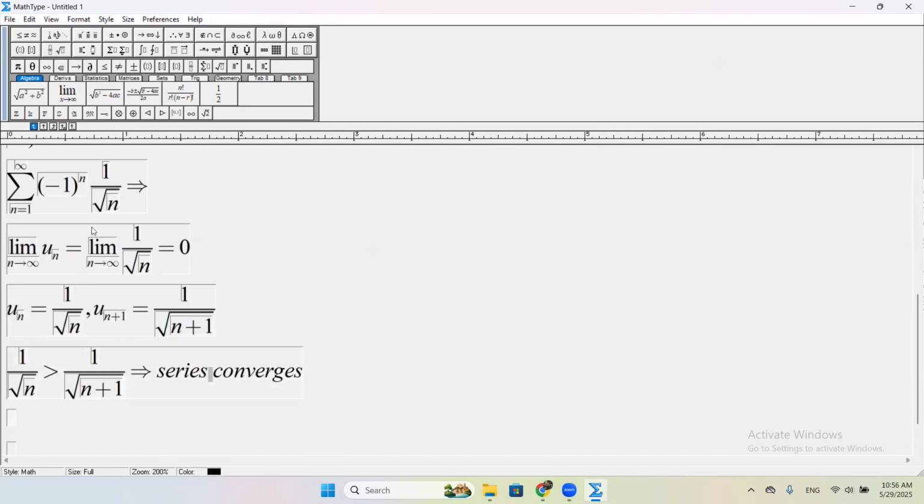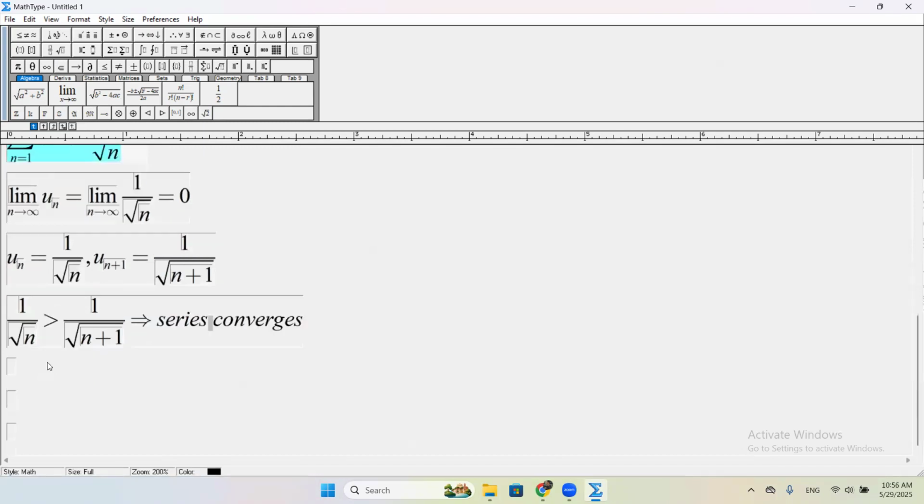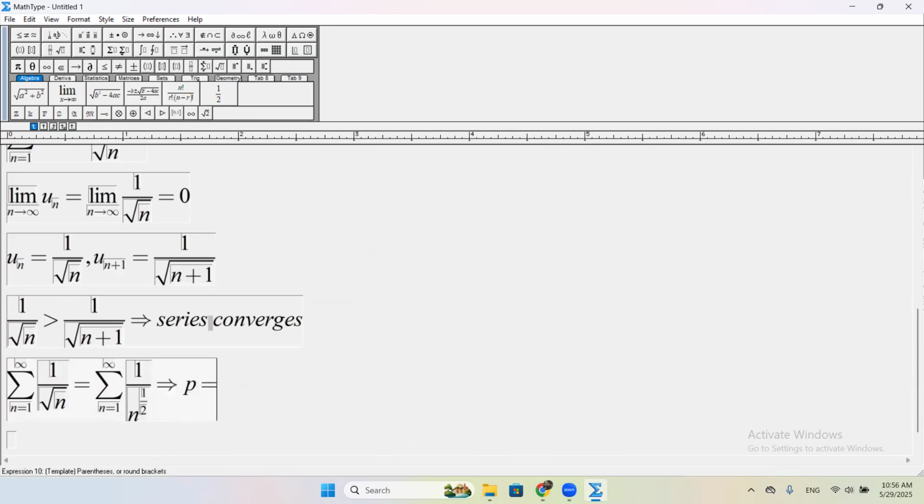But let's look at the series formed by modules. So we have the generalized harmonic series. And what can we say about this harmonic series? It has a power of 1 over 2, so p equals 1 over 2.